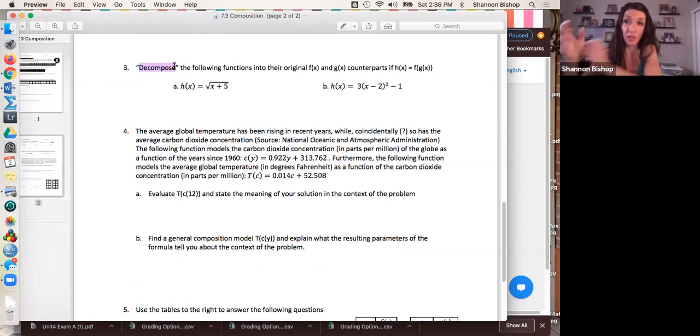So instead of putting two functions together, this time they're already together and you're gonna separate them back out. So the following functions have two counterparts, f and g, and those two counterparts came together to make what you see here, and that is h. So this dude's name is h, but h is really the composition of two other creatures named f and g.